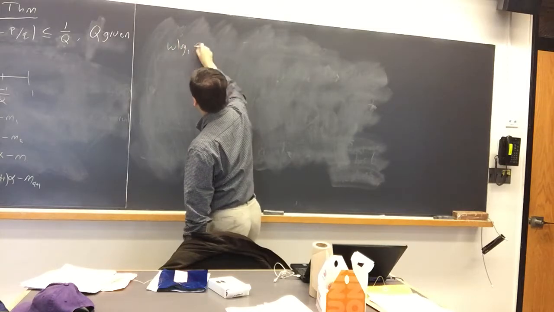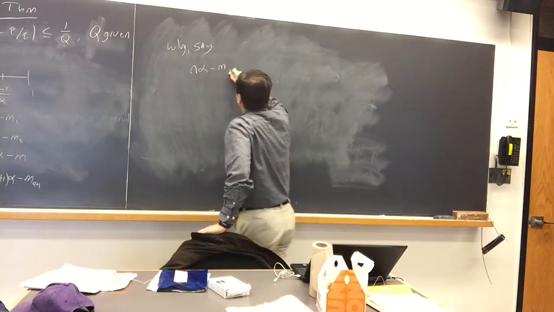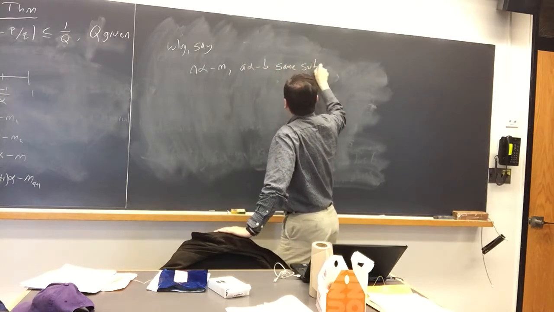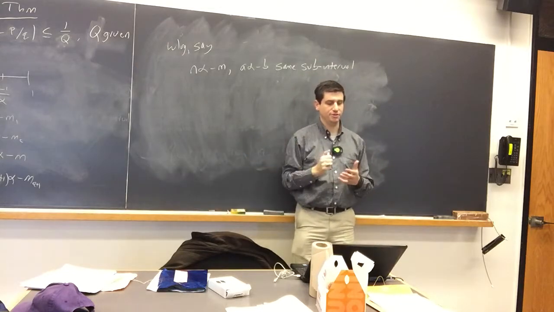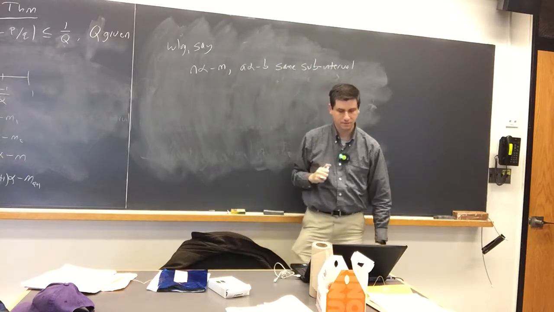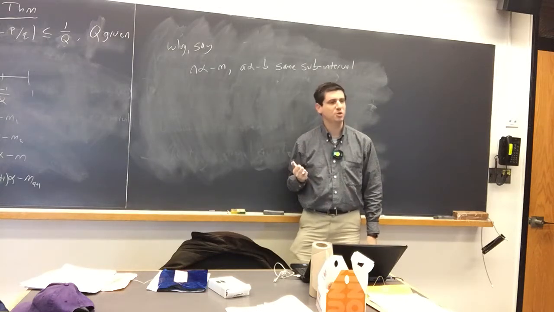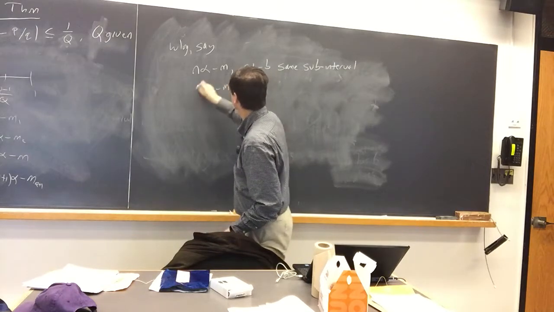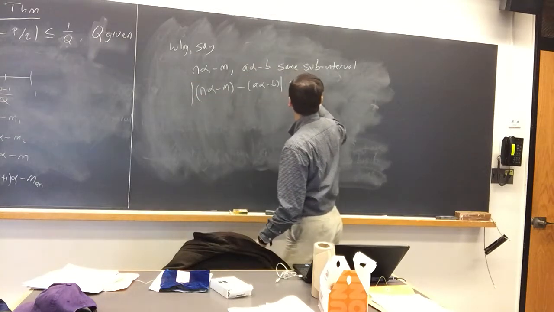Without loss of generality, let's say n alpha minus m and a alpha minus b are in the same subinterval. Then what do you know about their difference? Less than 1 over q. So n alpha minus m minus a alpha minus b is less than or equal to 1 over q.